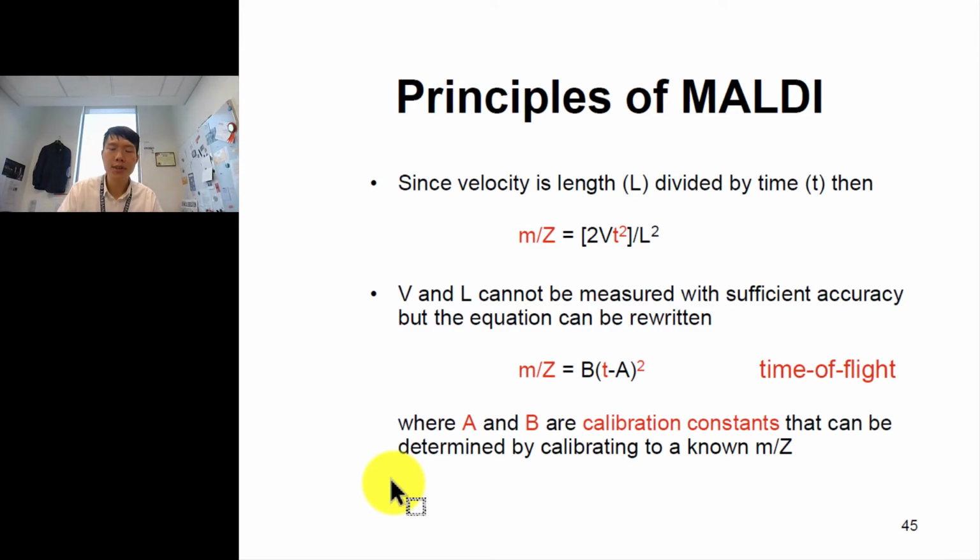So we can use another form by the time of flight. Time of flight: the time taken to be in the air, not air but vacuum, not touching any ground. So we have some constant where we need to calibrate depending on the mass spectrometer. A and B are calibration constants, right, for a particular m/z value.